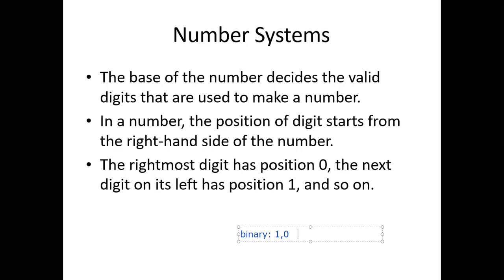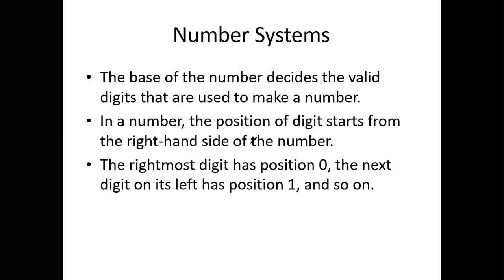If someone was to write 431 and then put the base, let's say base 2, this is not valid. Why is it not valid? Because in the binary number system, the only digits that are accepted are these 2. So anything outside this set will not be accepted. That's what this point is trying to say.